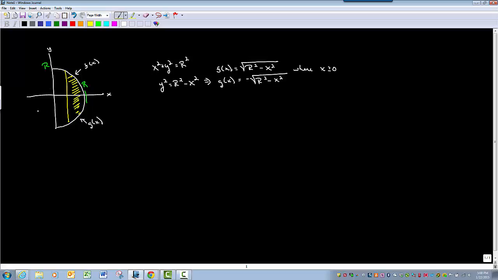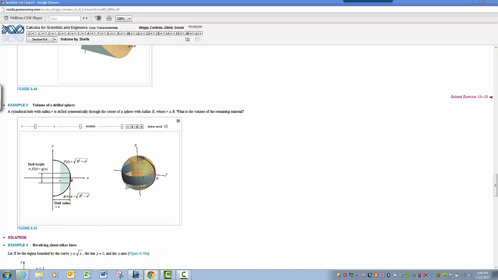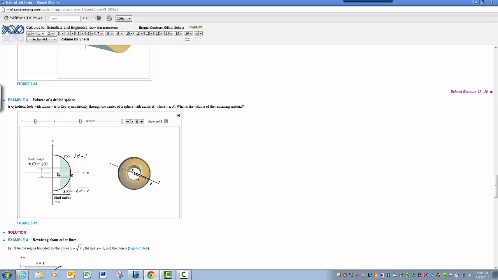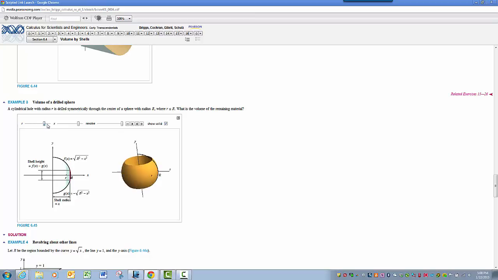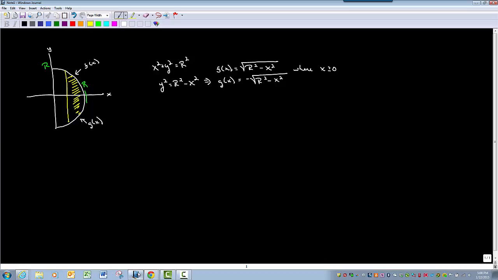And what that does, if we go back to the animation, changing the r value, as you see, as I move the r, that cuts the hole in the center. So it's going to change the size of the hole in the center. See it's right in there. So this guy's going to get revolved around.